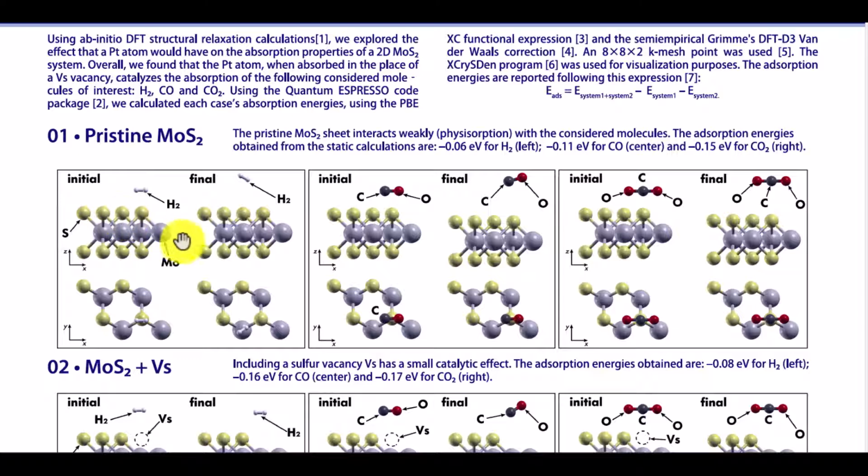In this first case, we found only weak interactions that we could catalog as adsorption. In the case of the hydrogen molecule interacting with this surface, we have an adsorption energy of 0.06 electron volts.